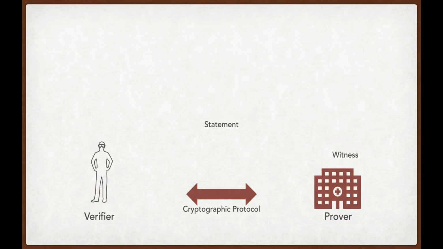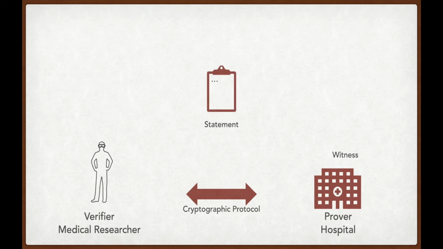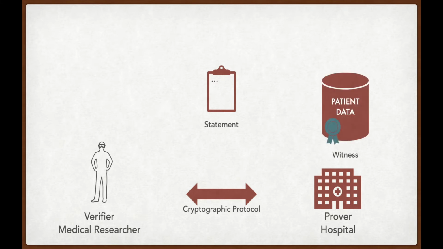Zero-knowledge proofs give a potentially elegant solution to our original dilemma. In particular, we can now set the verifier to be our medical researcher and the prover to be our hospital. The statement that they will consider is some formalization of the medical study, and the witness is the prover's certified database.